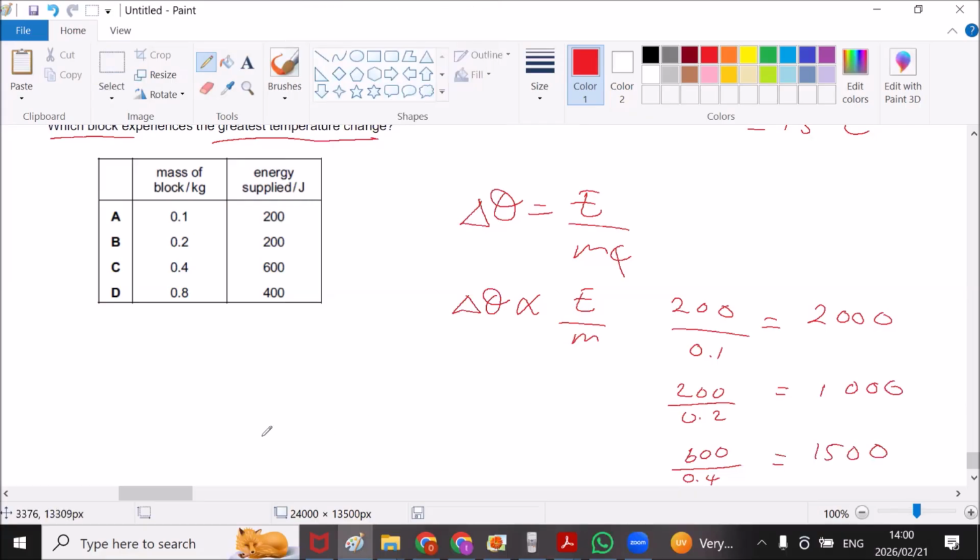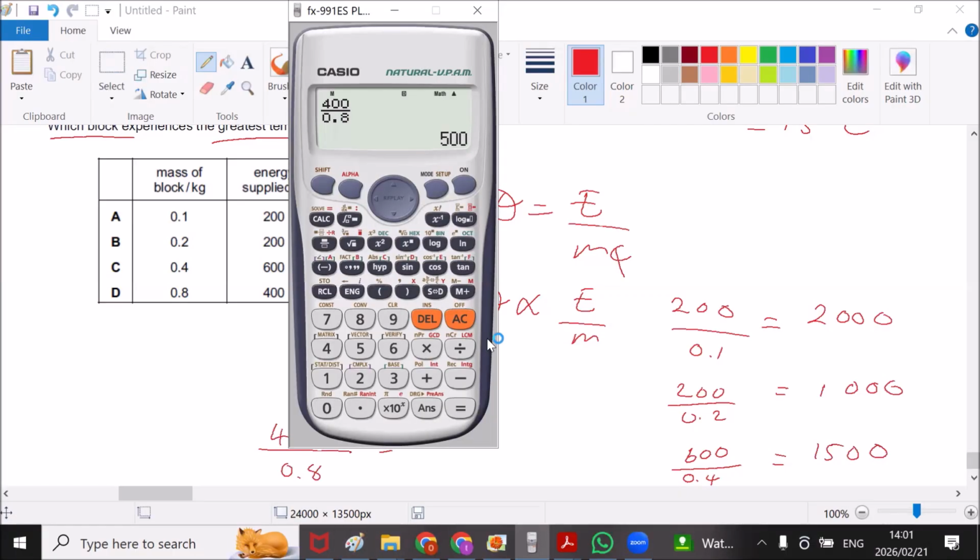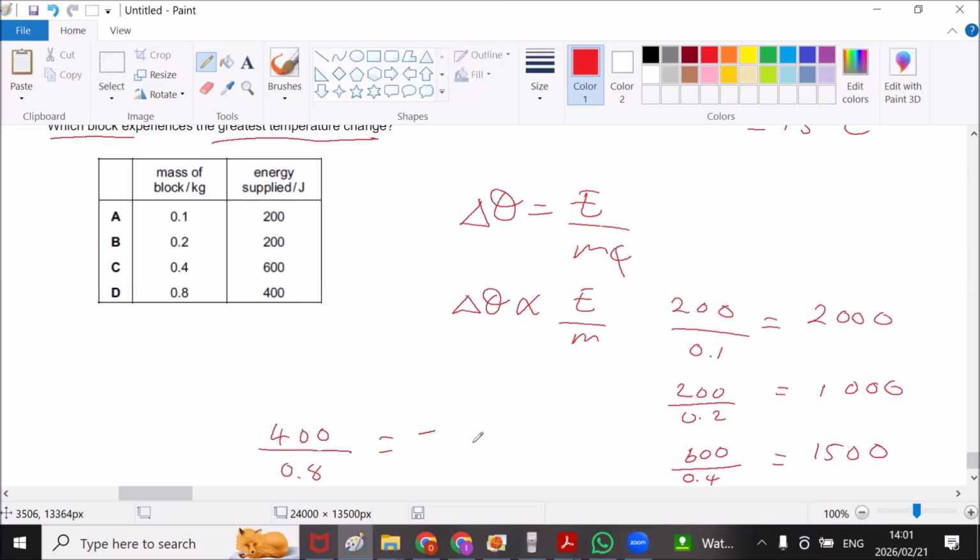For D, we have 400 over 0.8, which will give us 500. So A will give us the greatest delta theta, because it has the greatest magnitude of E over m.